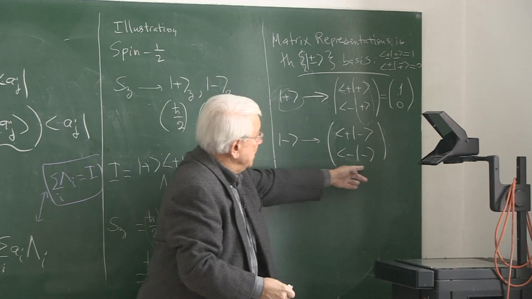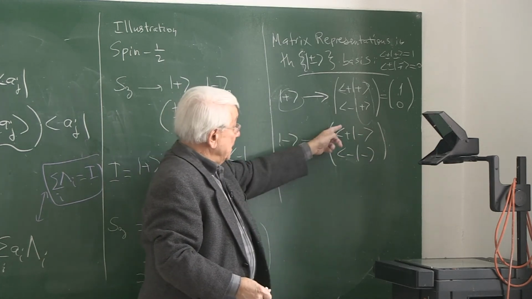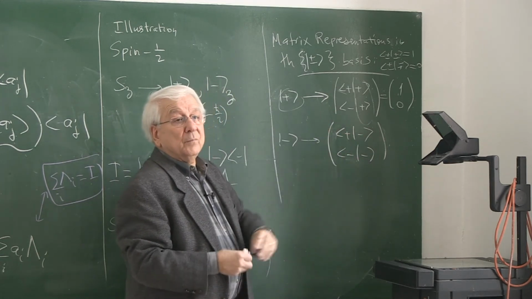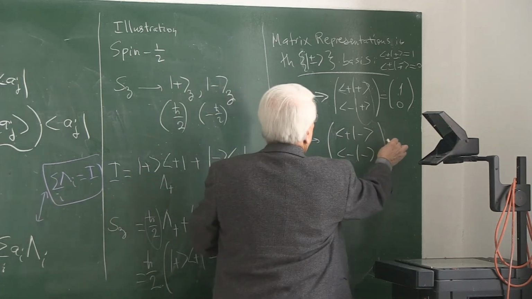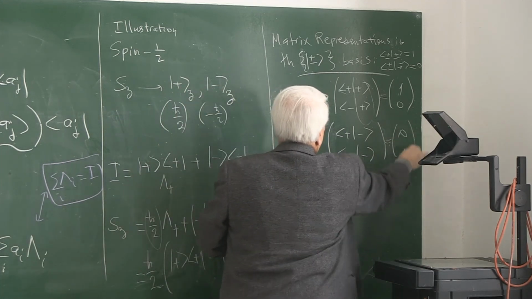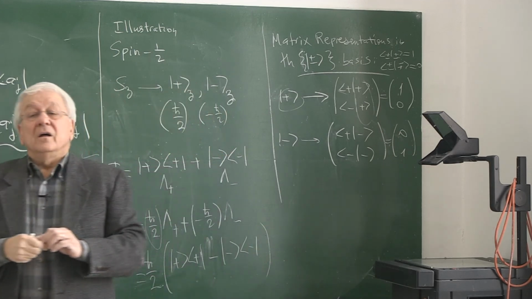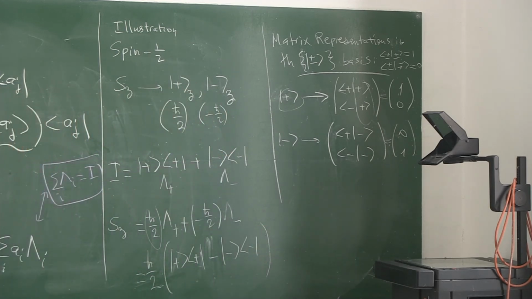Here is the ket in question, and here are the components of the bases, multiplying it: 0 and 1. Nice, because we have a good handle now. The basis vectors are already represented. What next? Well, the operator itself. What is the representation of the S z in this? That's a good point for a break, and we'll continue after that.